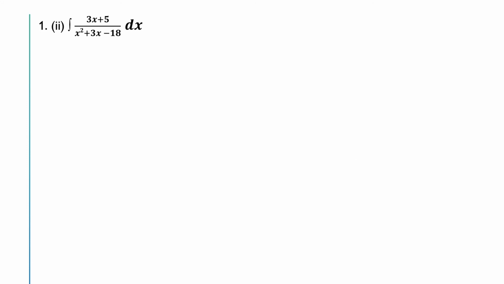So let us take this as equal to I. When we factorize this x square plus 3x minus 18, we get (x plus 6)(x minus 3).